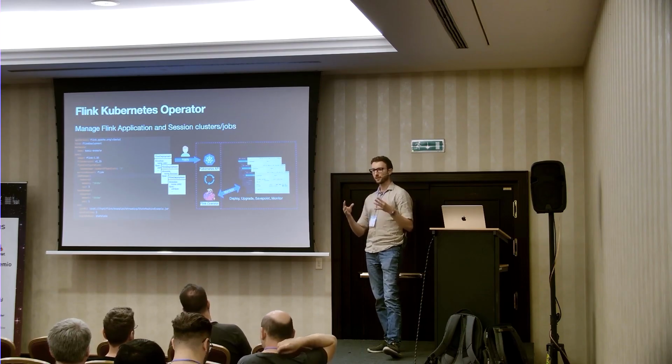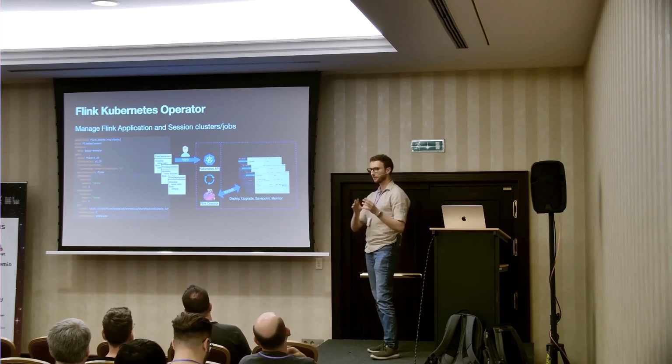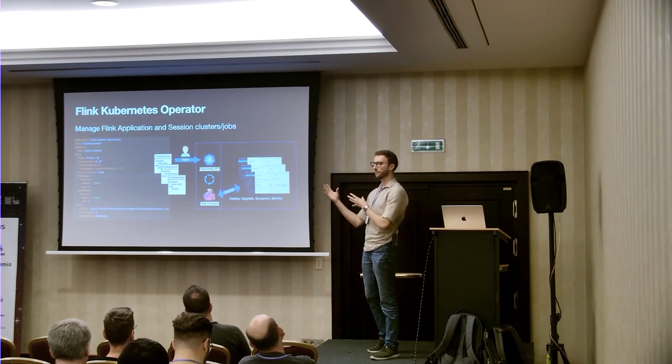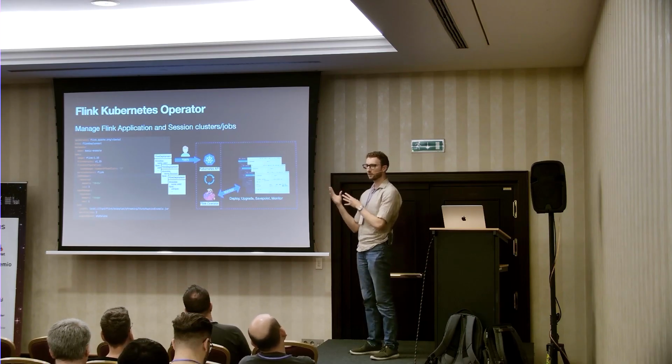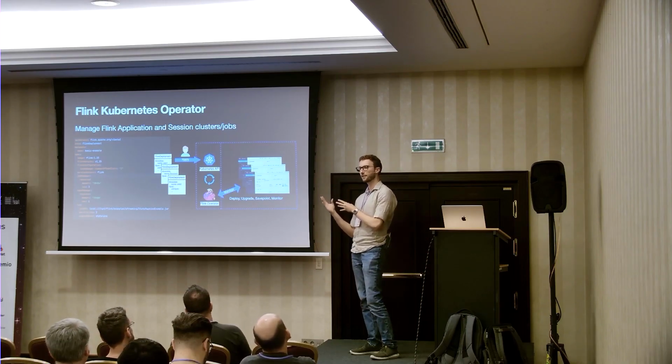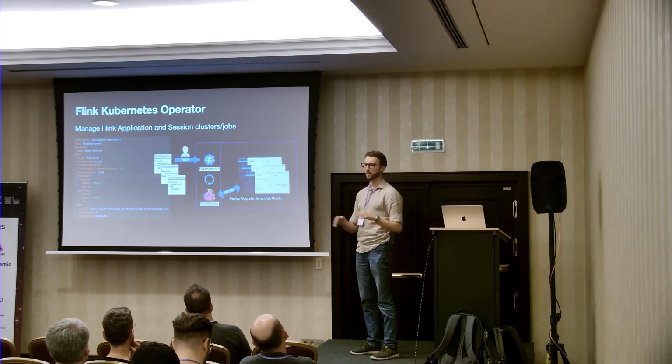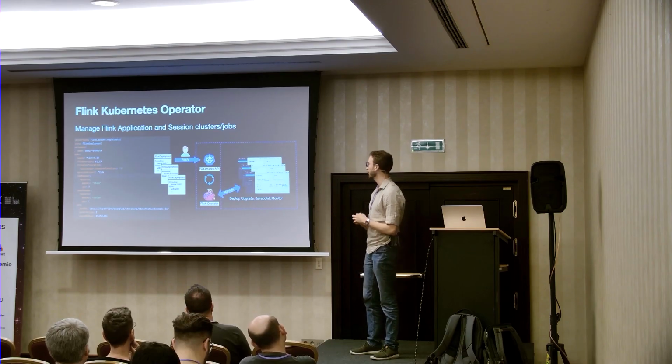Instead of just having the concept of a Flink job that we have to manage ourselves by creating pods and whatnot, we will have a dedicated resource type in Kubernetes that represents a Flink application. In our case, it's called FlinkDeployment. There's also a FlinkSessionJob. Check the docs and you will find more about it.